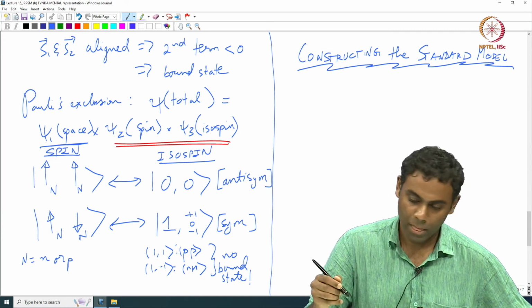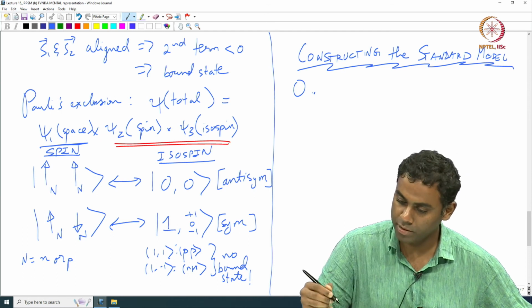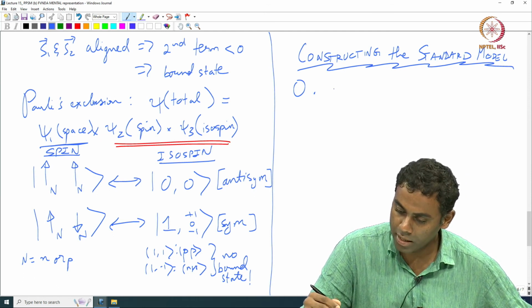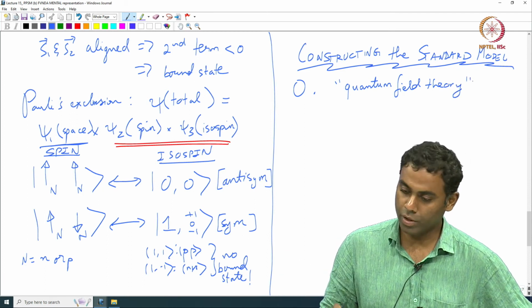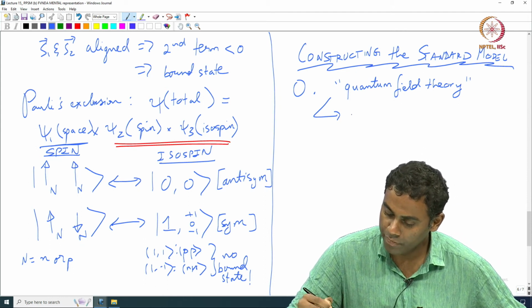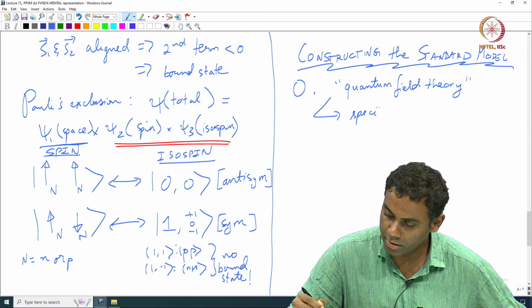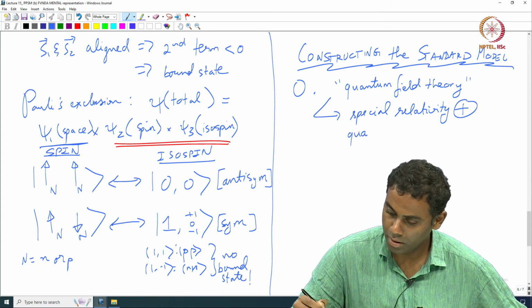What are we going to do? The first thing we are going to do is, so I am going to write that as 0. The 0th step is understanding what we mean by quantum field theory. Okay. This would be how we put together special relativity and quantum mechanics.